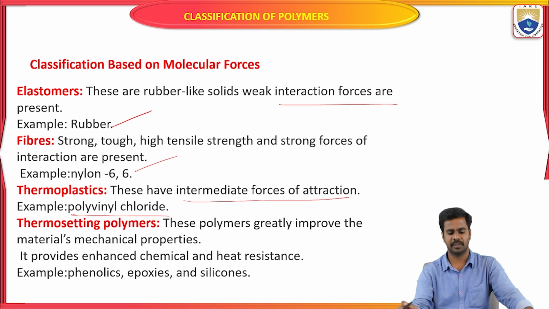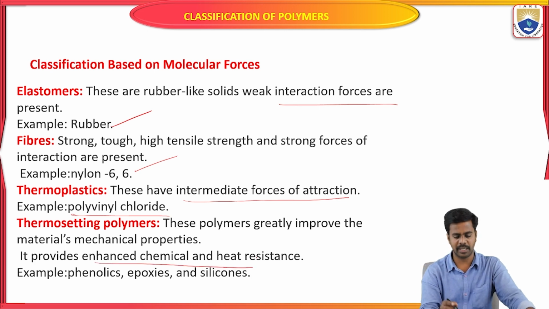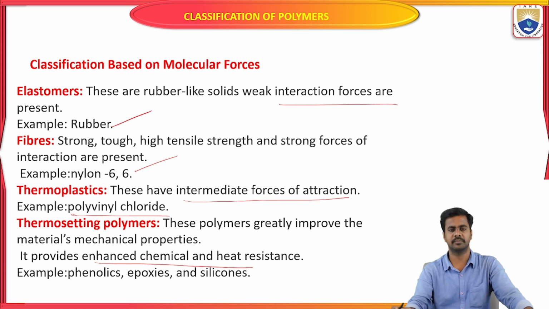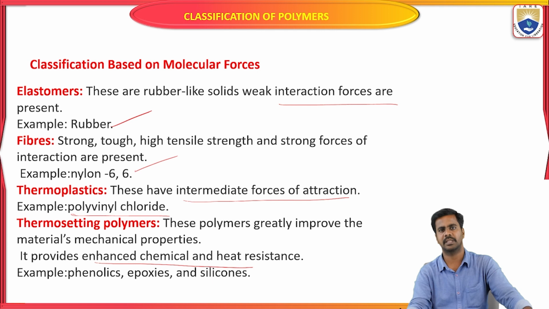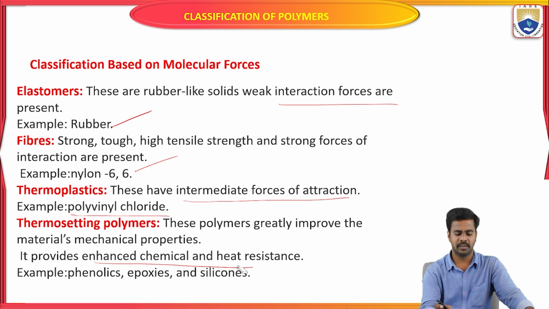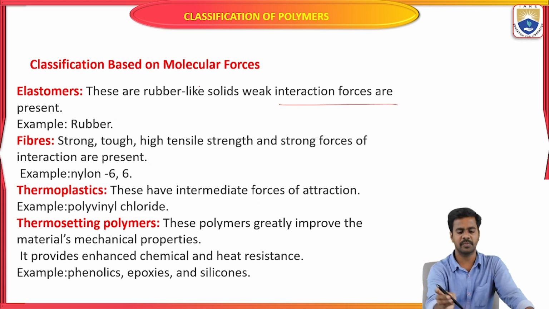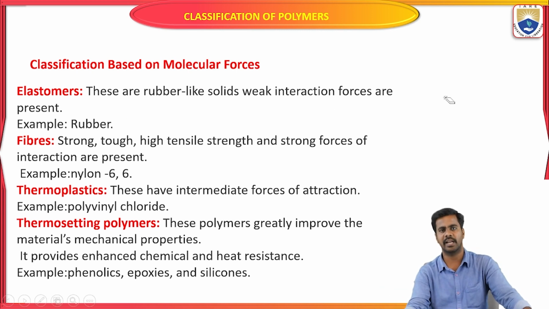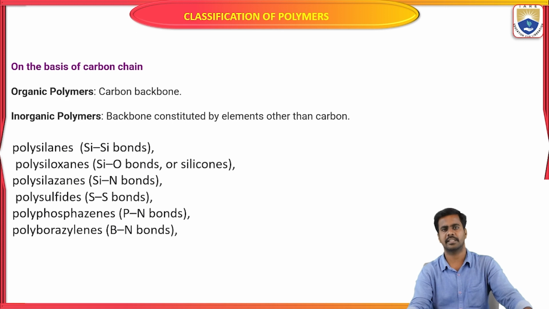They provide enhanced chemical and heat resistance. Example, phenolics, epoxies and silicones. So this classification is based on the type of molecular forces involved between the monomeric units during the polymerization reaction.